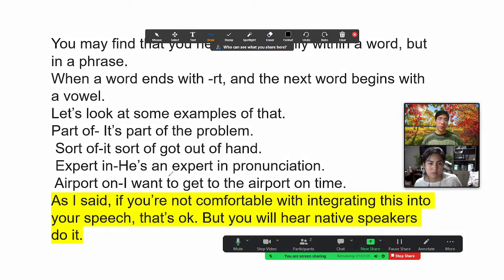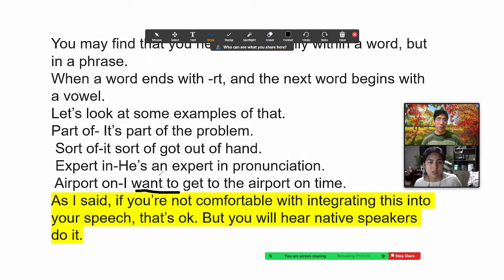Okay, let's do the rules. Want to, you have want to, I wrote want to, I wanna. I wanna get to the airport on time. Yes, it's difficult. So I wanna get to the airport on time. We need to practice.